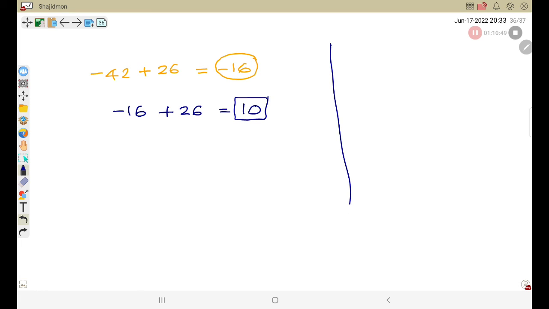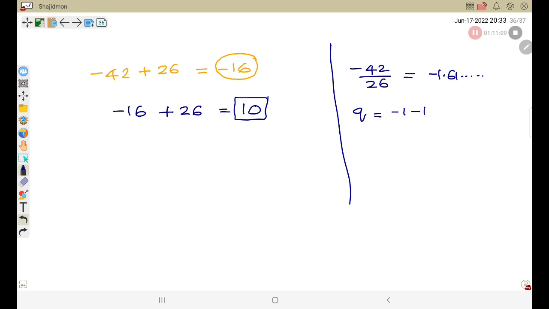Or as the usual method I told you, minus 42 divided by 26. This is the normal way, better. Bigger number means the normal way is better. So what you do? Minus 42 divided by 26. So you will get minus 1.615 like this, correct? So what is the quotient?